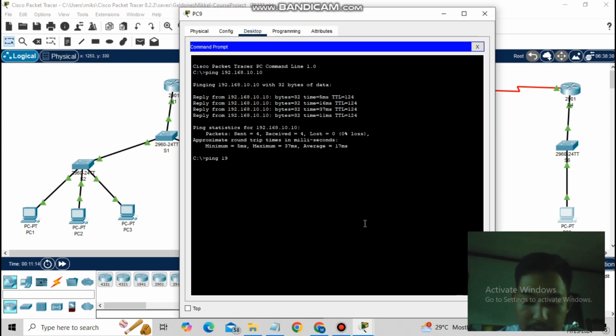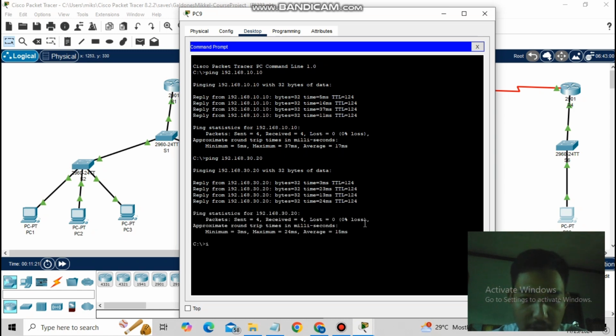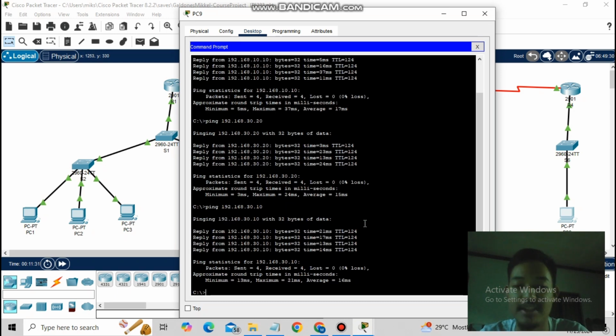So let us try pinging the IP address of our PC4. It is also an immediate success. No packet was dropped. Let us try the IP address of PC number 3. It is also an immediate success.